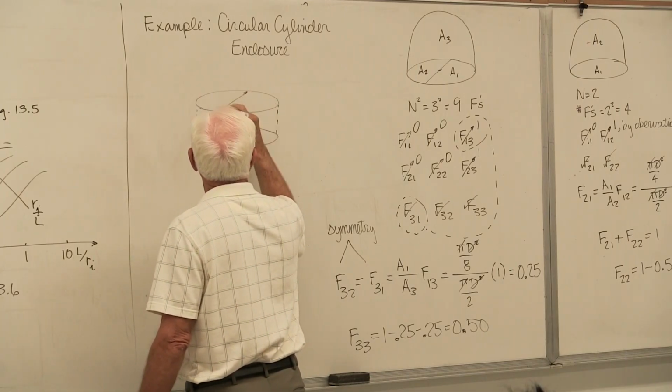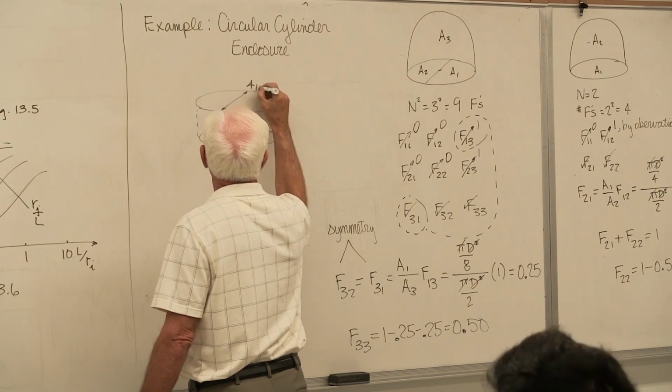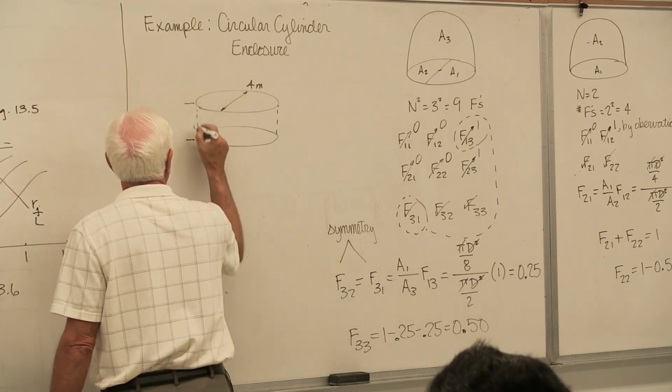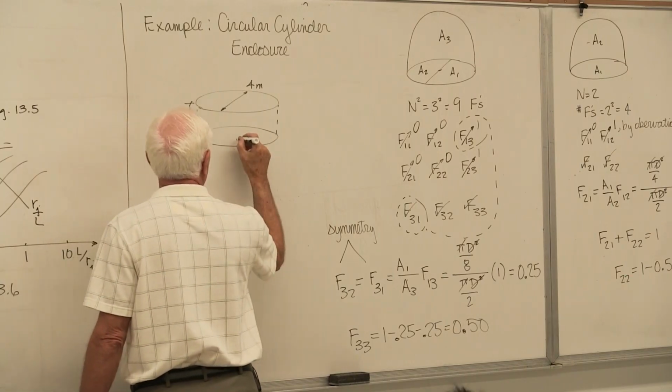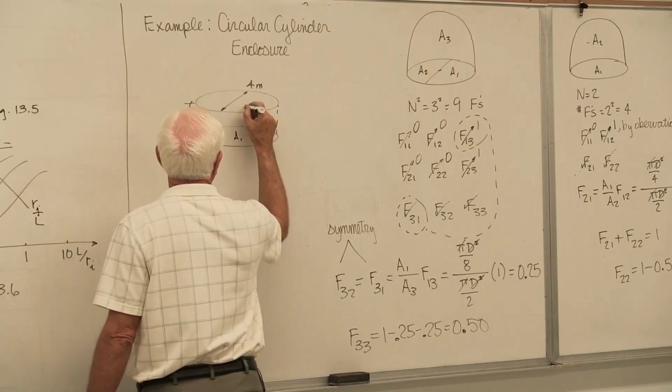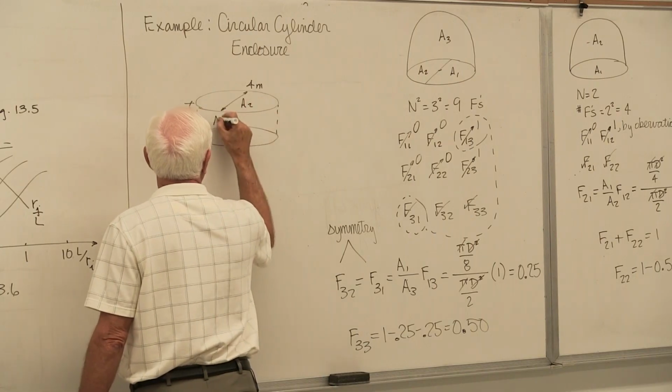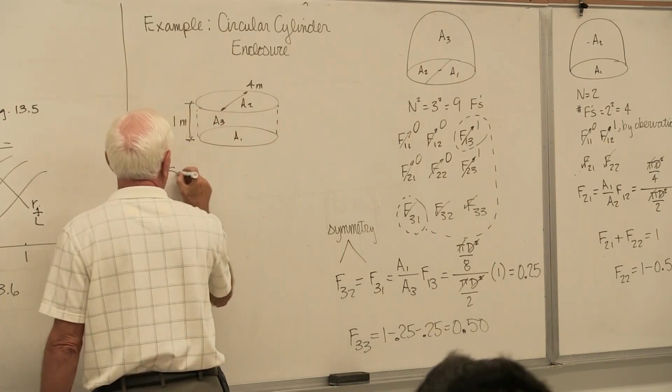This dimension, diameter, is 4 meters, separated by a distance of 1 meter. I call this surface A1, this surface A2, and the side walls are A3.